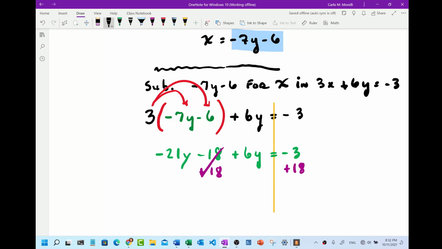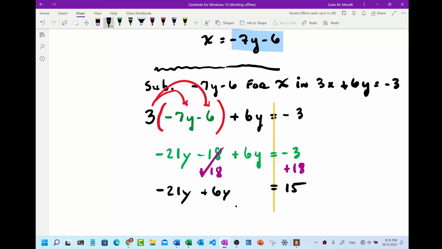Okay. And now that gives us negative 21y plus 6y, those can be combined, equals positive 15. Okay, so what's 21 minus 6? 15y.